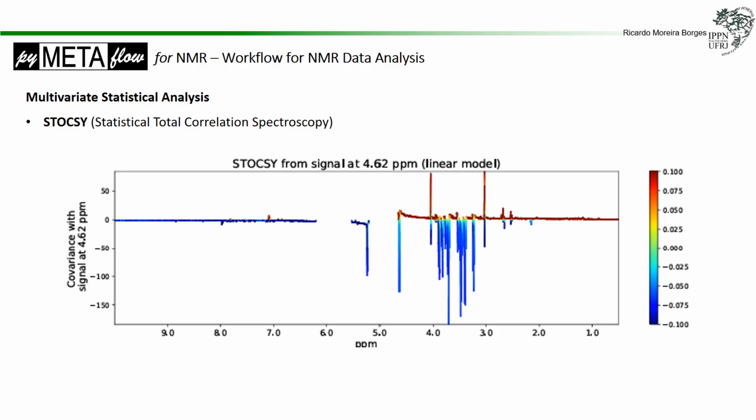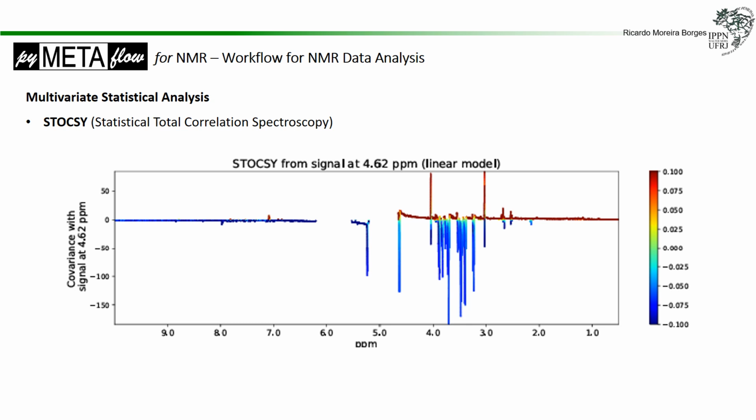So one function that I like a lot for NMR is the STOCSY function, statistical total correlation spectroscopy, that calculates the correlation of each variable from one variable chosen as a target, right? So the plot looks like that.